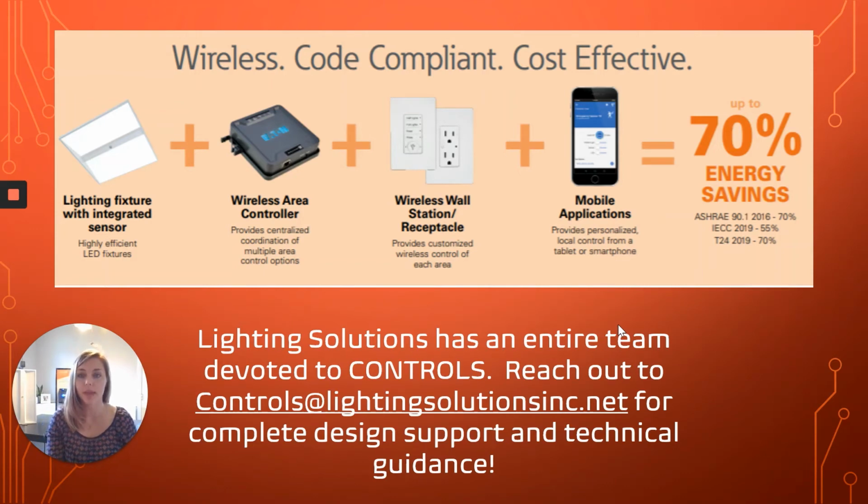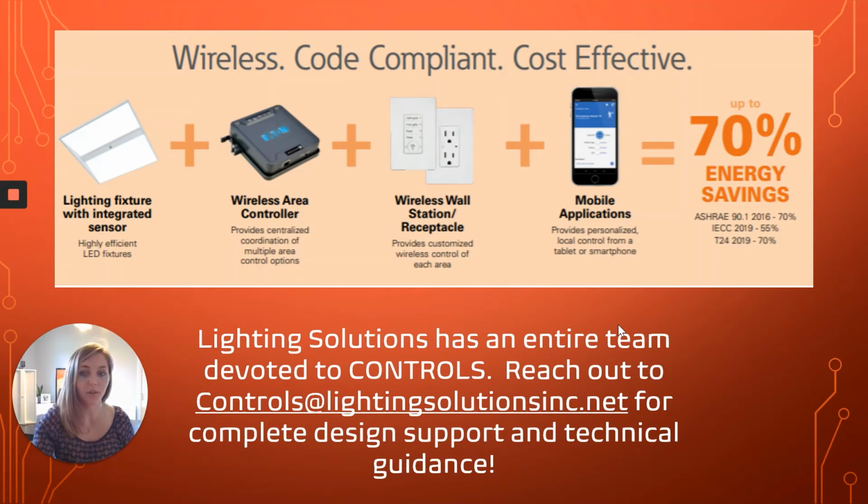So just to sum that up, light fixture with your integrated sensor. This is the most simple version of it. It also has that integrated switch pack, right? Your wireless area controller, which is telling your fixtures what to do and when. Wireless wall stations and receptacles for the occupants of the space to turn things on and off. Plus the mobile application, so you can adjust the settings in the wireless area controller.